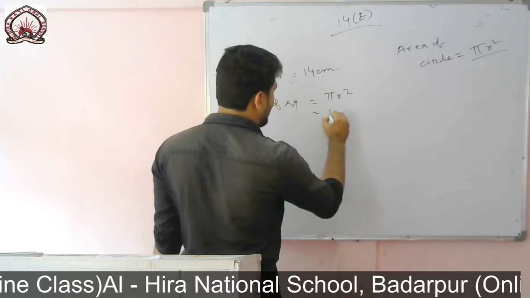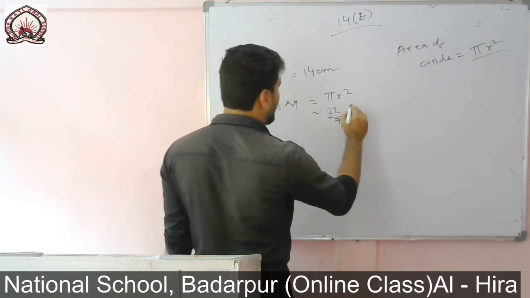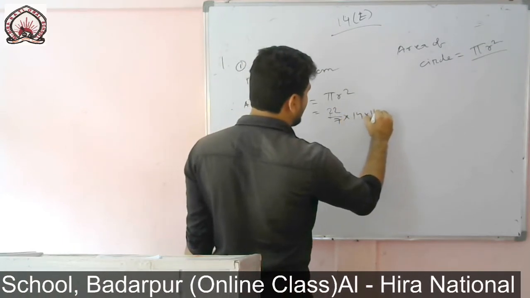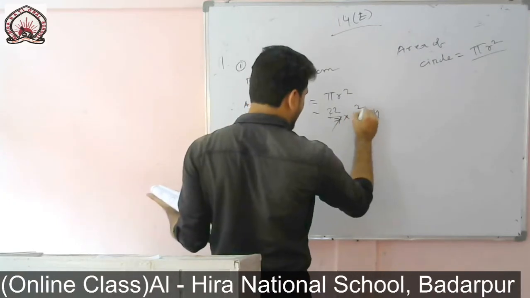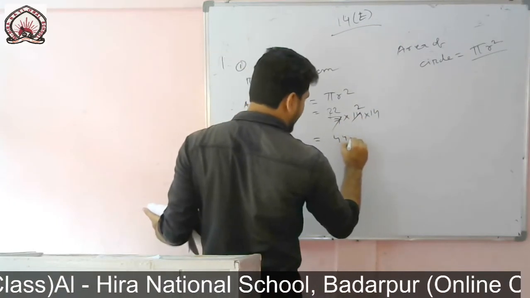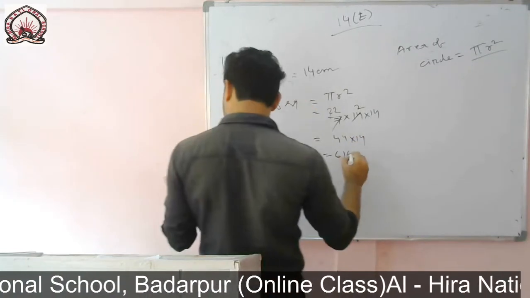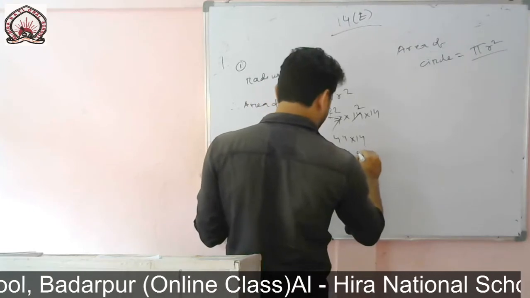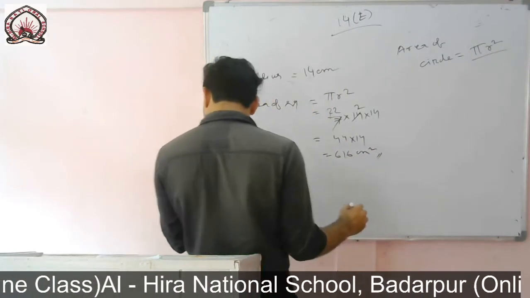Radius is given, so you take pi as 22/7 into r square, that means 14 into 14. If we cancel, then 2 and 44 into 14, you will get 616 centimeter square.